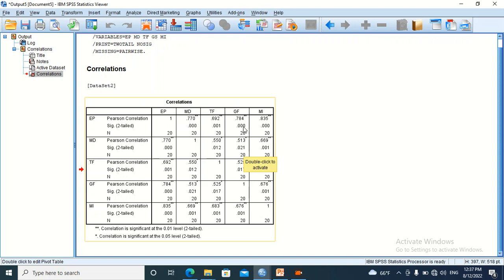Totally, based on my assumptions and predictions, the correlation is very strong, both from dependent to independent variables and from independent to independent variables.